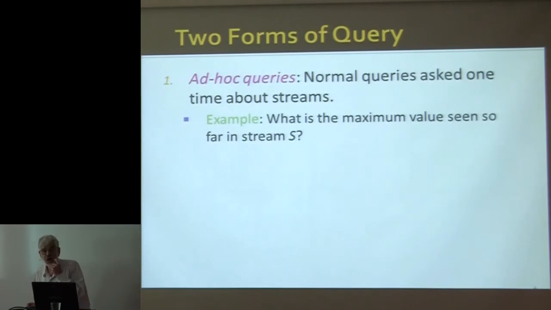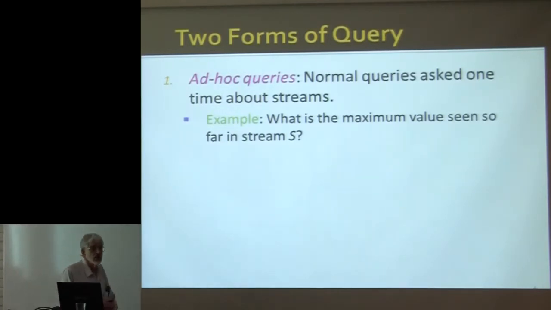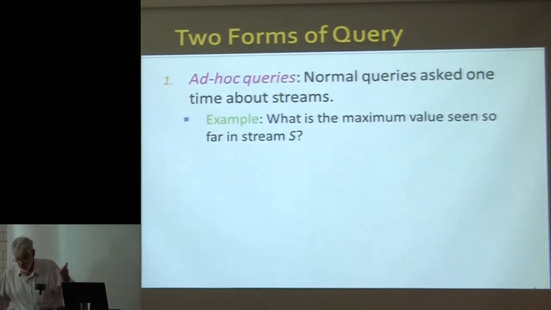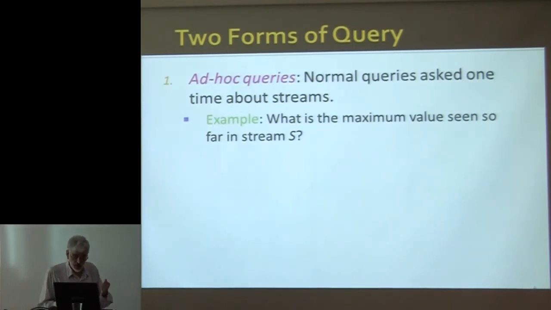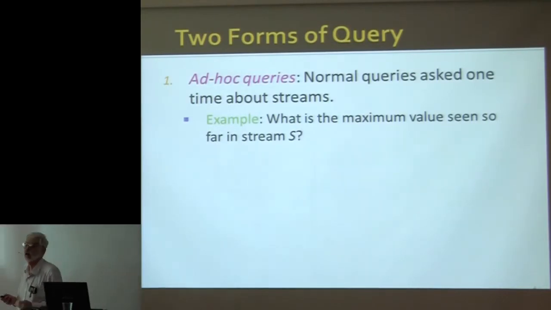Now, I also want to talk about two query models. One is that I can ask ad hoc queries. That is, I ask a query in the sense of querying a database, but I do it about the entire stream seen so far. So here's a simple example.